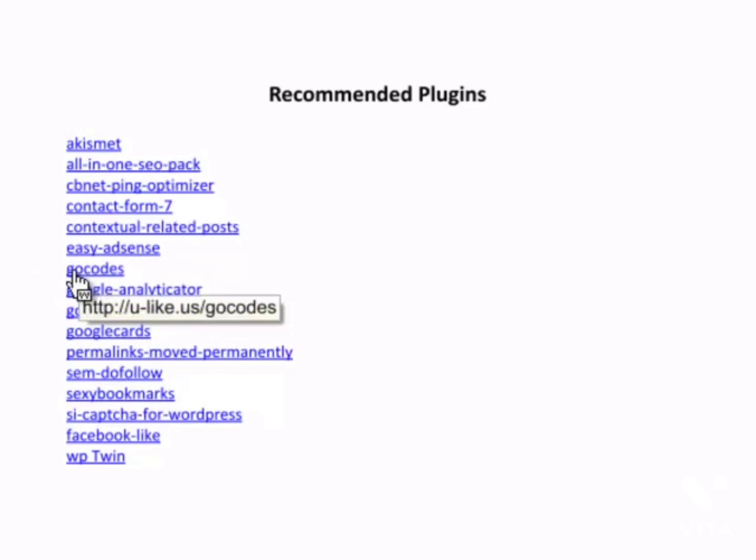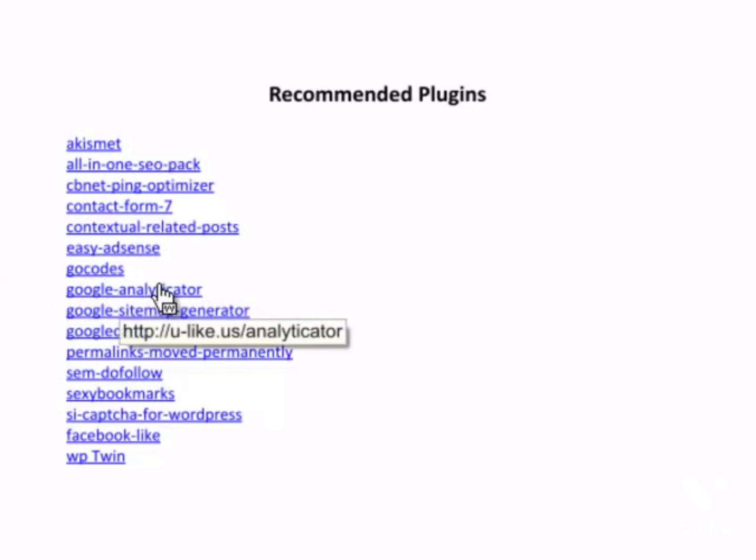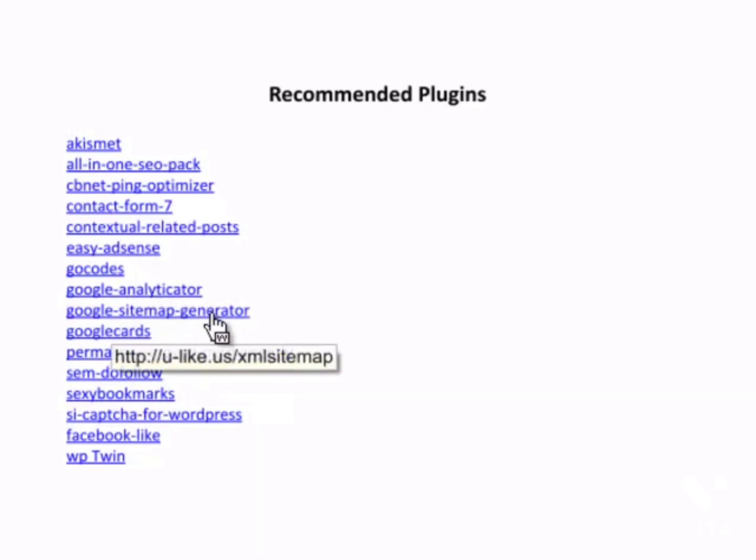Go Codes is a great redirect script for affiliate links. Google Analyticator is a great way to easily install Google Analytics on your WordPress website. The sitemap generator generates a sitemap that's compliant with Google Webmaster Tools, Yahoo Site Explorer, and Bing Webmaster Tools. Google Cards is new.